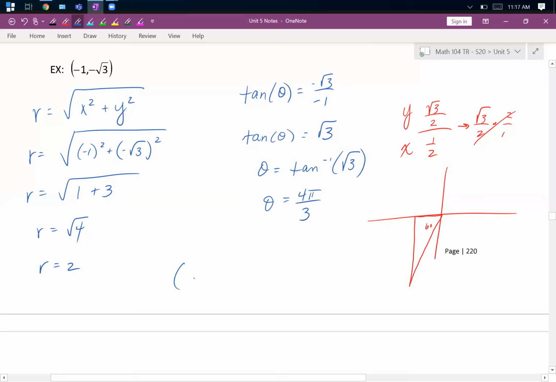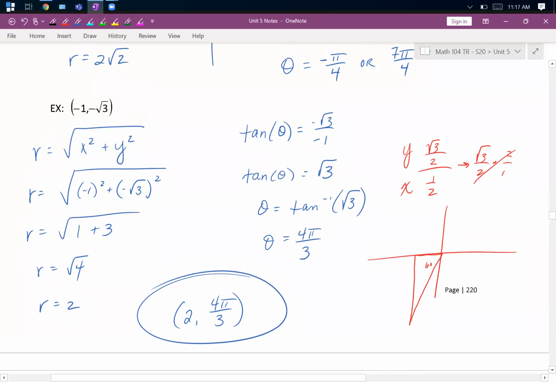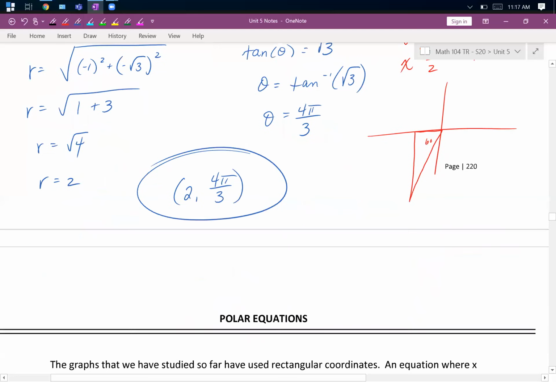We get the ordered pair in polar coordinates 2 comma 4 pi over 3. Questions, anybody? I think the trickiest part with this is just remembering to verify which quadrant you're supposed to be in based on the rectangular point.